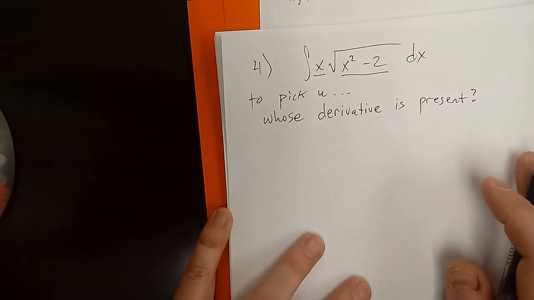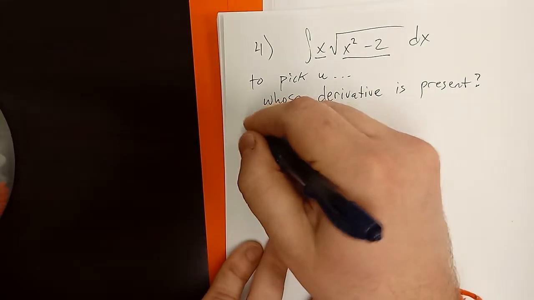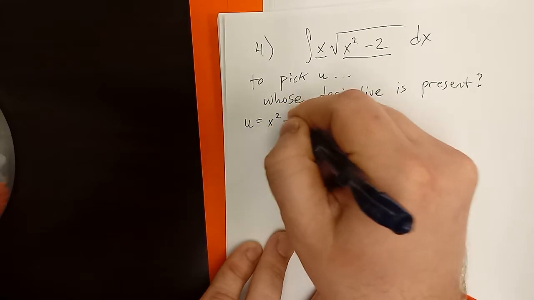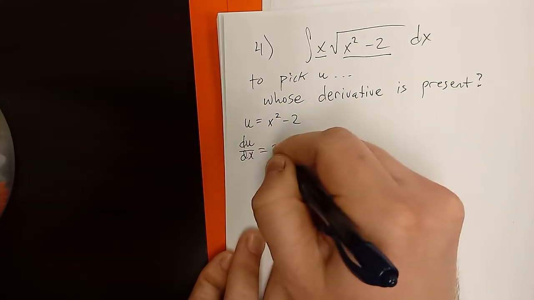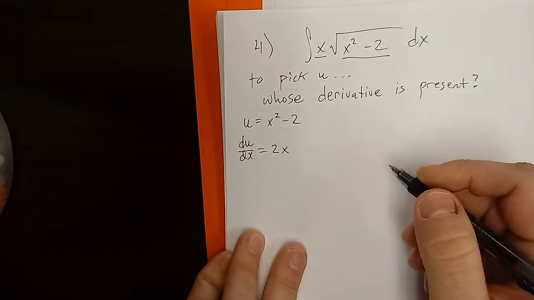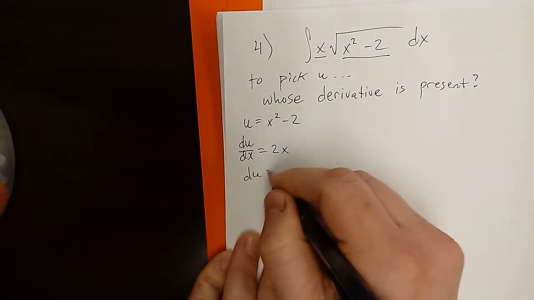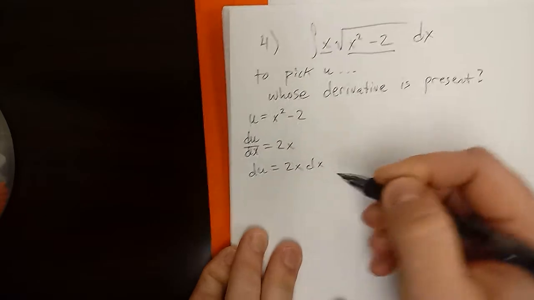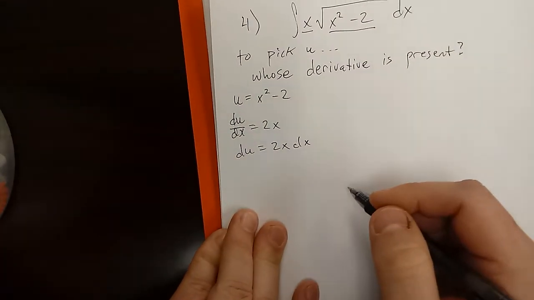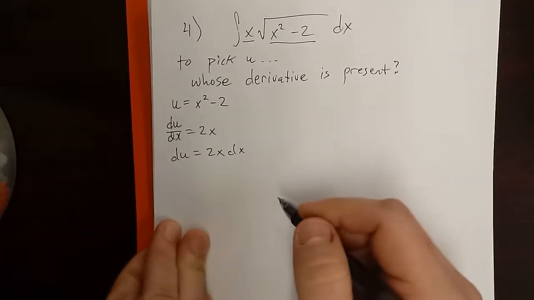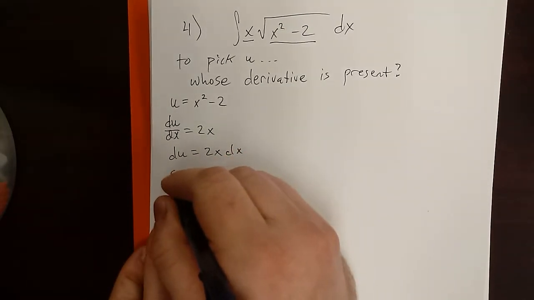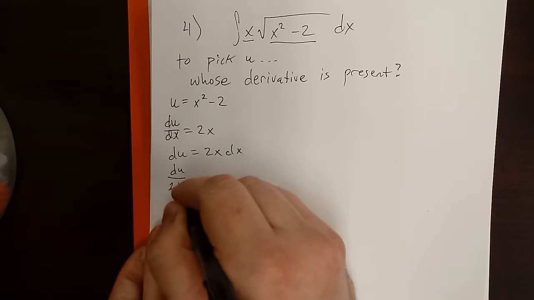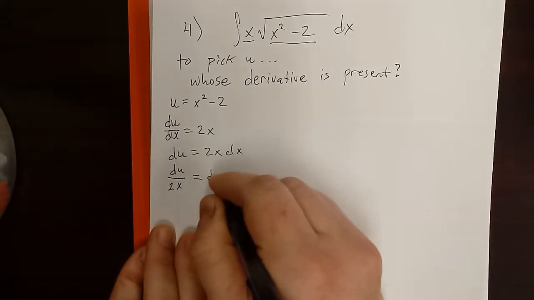So if I make u equal to x squared minus 2, well, this time du/dx is equal to 2x. And when we multiply, we get du is equal to 2x dx. And then we get du over 2x is equal to dx.